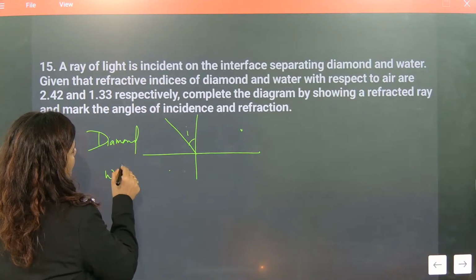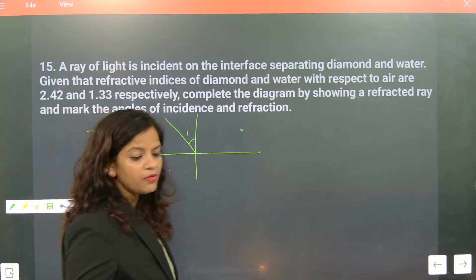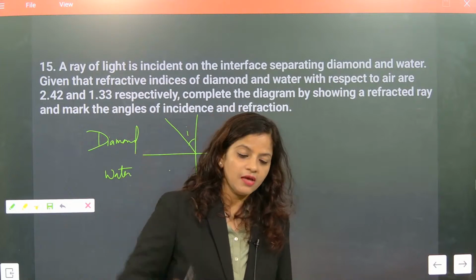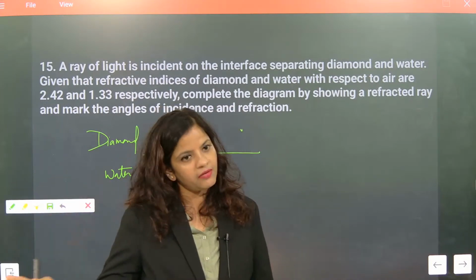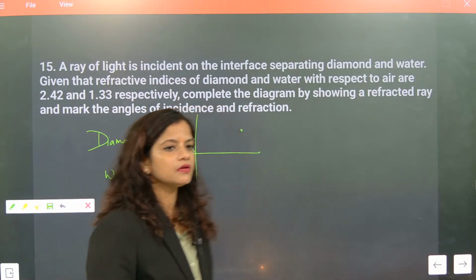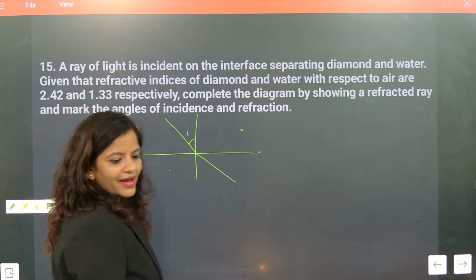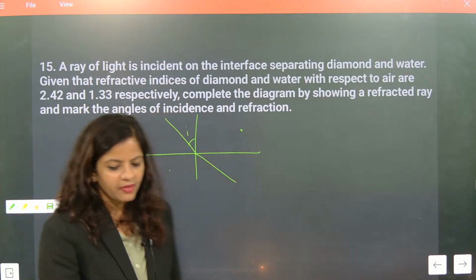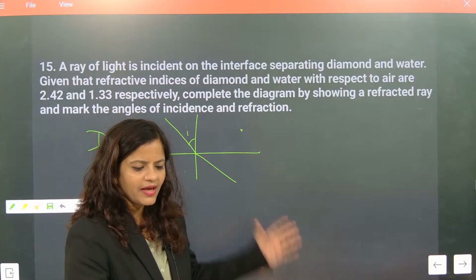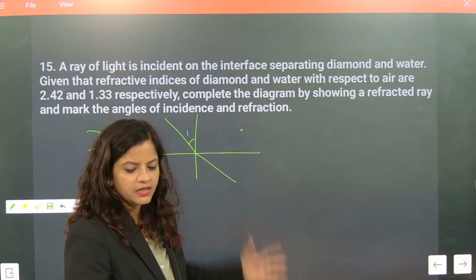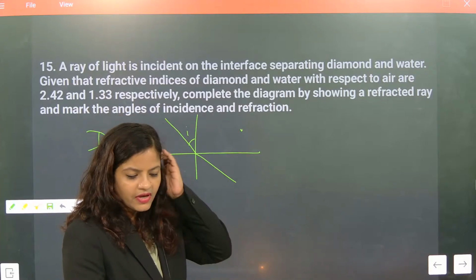and here it is water, so will it bend away or bend towards? It will bend away, because diamond is denser. Why should I take air to diamond? Directly I will take from diamond to water. Why are we going to waste time?